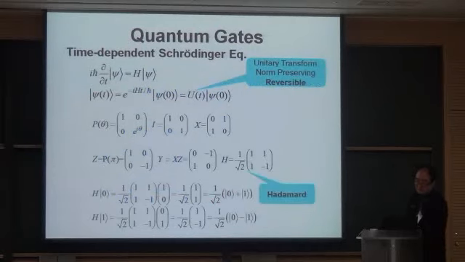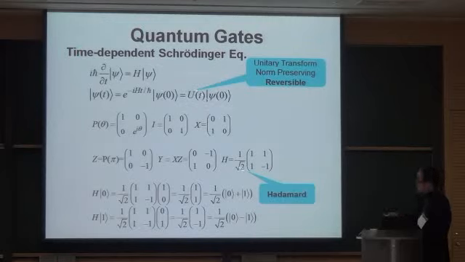Okay, so the quantum gates are different from the digital ones. Here, it is from the time-dependent Schrödinger equation, and this is also a reversible unitary transform.